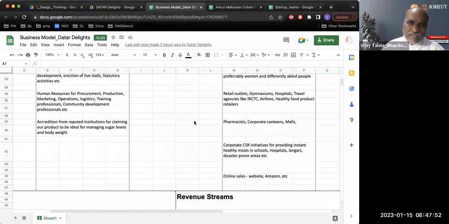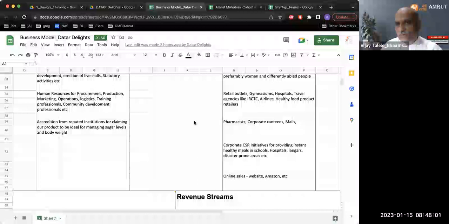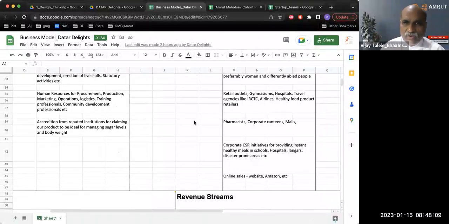Not eateries, it's more like retail sales. You have mentioned retail outlets, but retail outlets can be general outlets also. But since your target, in the second category I mentioned healthy food product retailers. Okay, good, then you have covered that part. I think this seems fairly okay. Even if there is anything further, I can look at it in more detail.